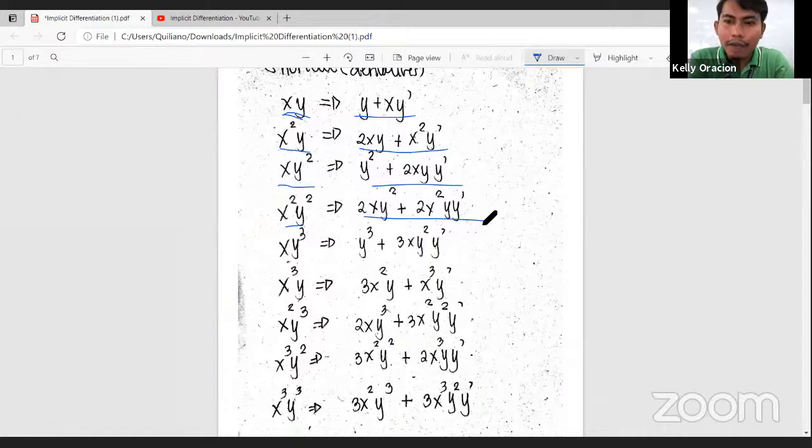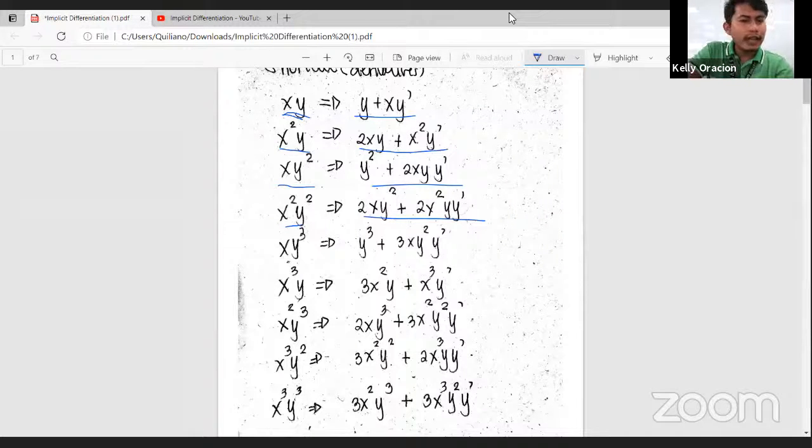Or in other references or other books, dy over dx ang ginamit nila. They are just the same. Mas comfortable lang ako sa y prime kasi dali siyang isulat compared sa dy over dx.